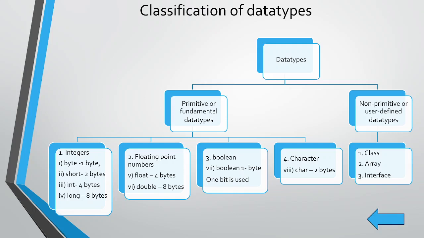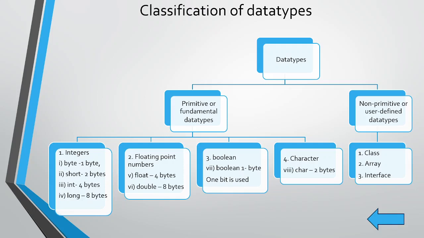Now under primitive data types there are total 8 data types. Byte, short, int, long are known as integers. Float, double are known as floating point numbers as they allow decimals. Boolean, either true or false.